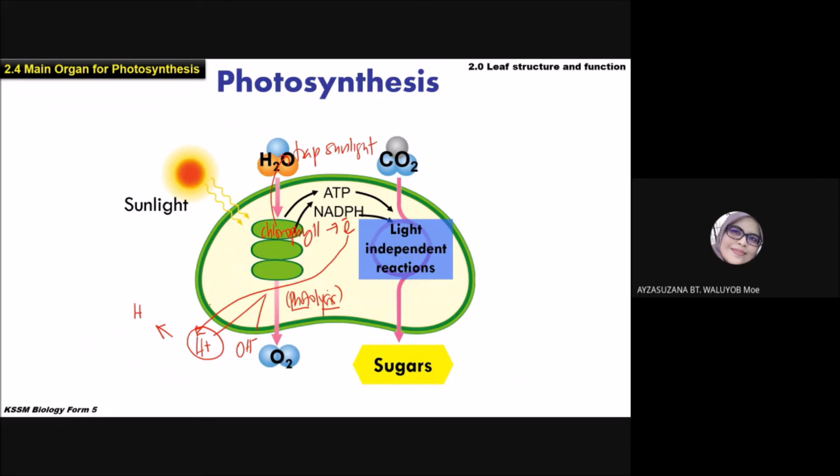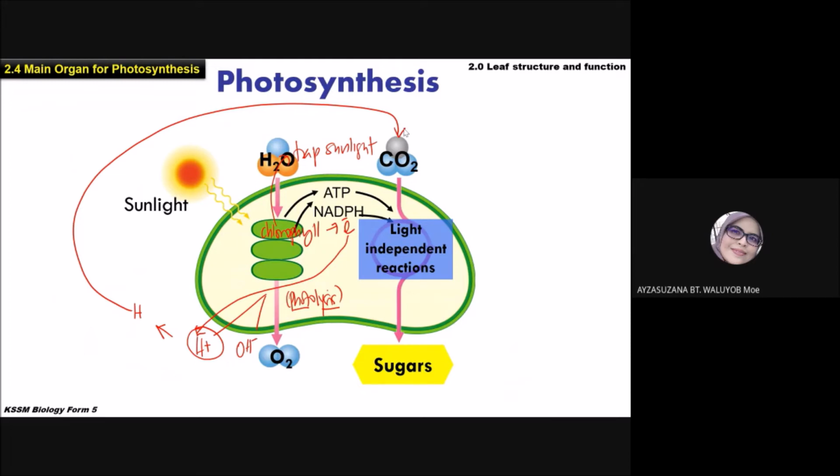Okay, so this hydrogen atom will enter the dark reaction or enter the light independent reaction and combine with the carbon dioxide to form carbohydrates. So this hydrogen atom, they will combine with this carbon dioxide.